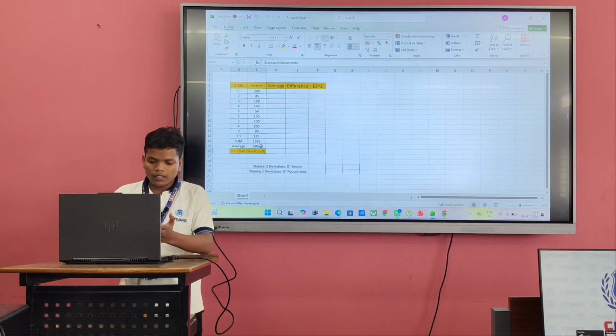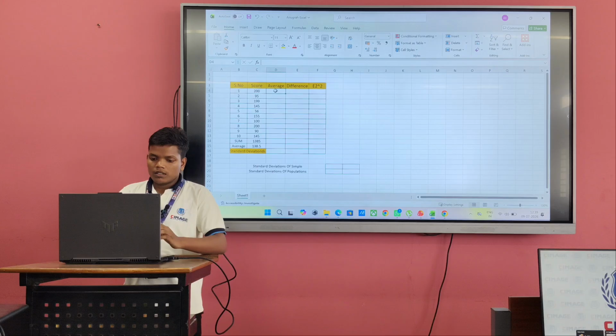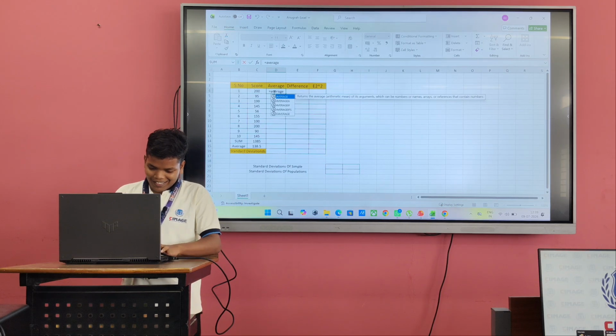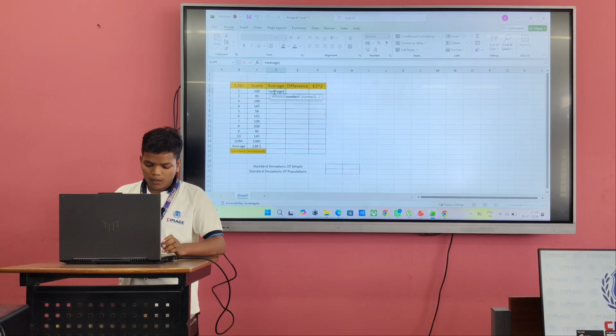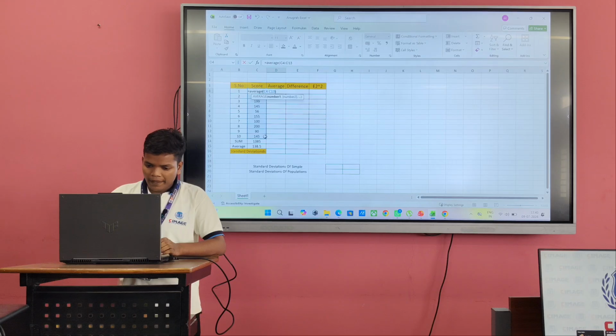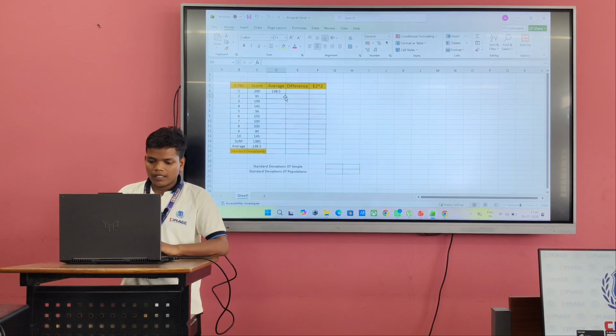The answer is 138.5. The same formula is applied here: bracket open, select all this data, C4 to C13. Enter.